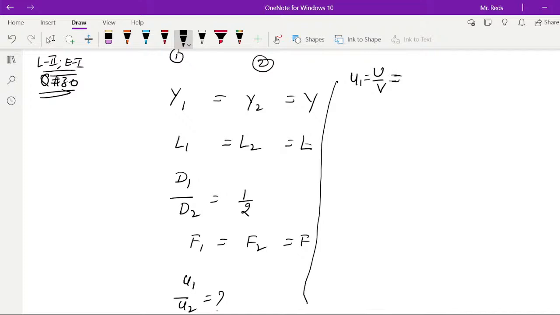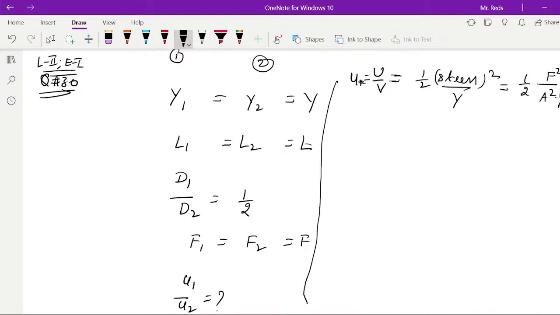In general, U in terms of stress and Young's modulus is half into stress square by Young's modulus. But stress is force by area, so you can write U as half into force square by area square into Y. The same force is applied, so force is constant, half is a constant, and Young's modulus is also constant.